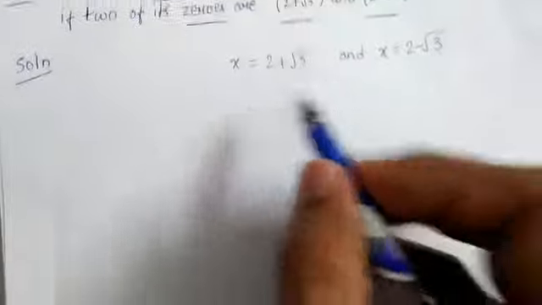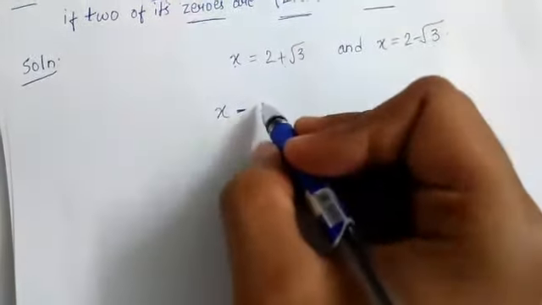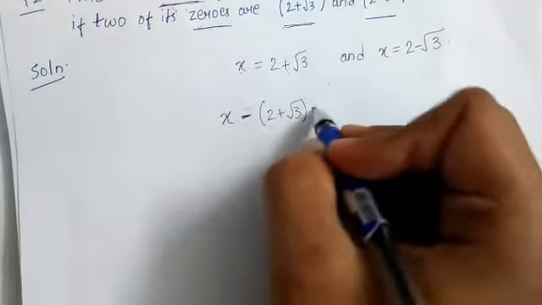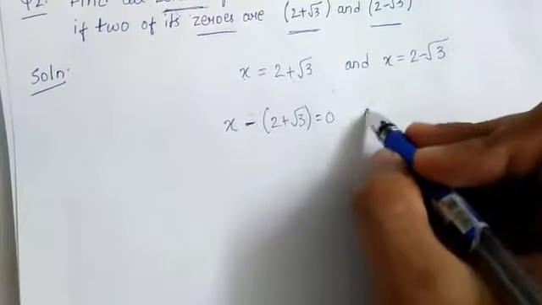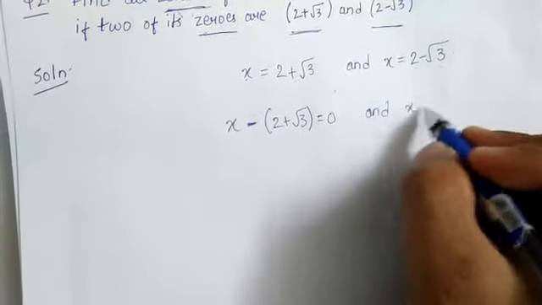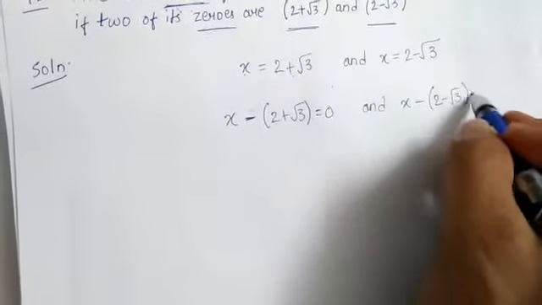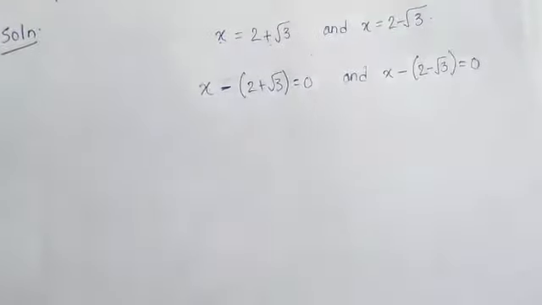So we can write it in the form x minus 2 plus root 3 is equal to 0. You can simply write it by shifting to the left hand side, and x minus 2 minus root 3 is equal to 0. So both things we can write.